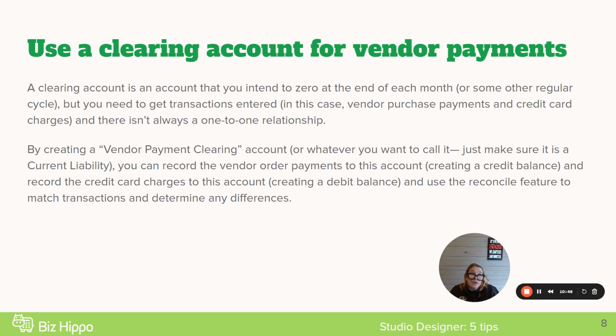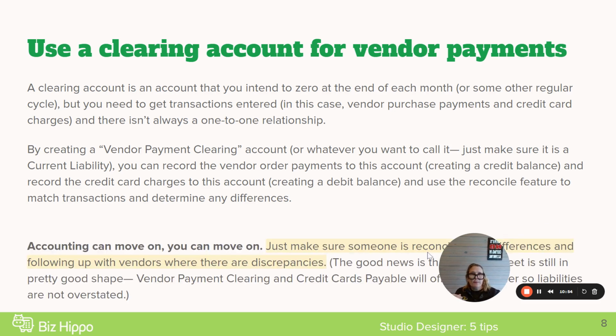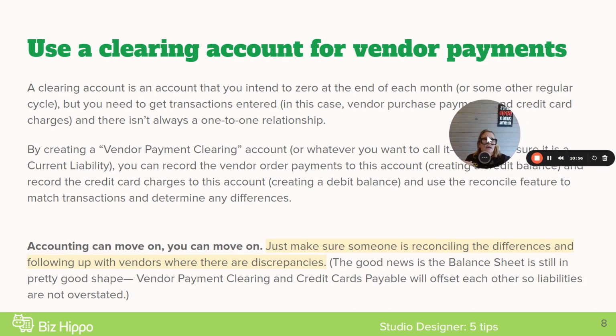Material being, do we care? Is it 0.5% of all your purchases, or is it 20% of your purchases? And when you do this, everyone can move forward. Your accountant can reconcile your credit cards.